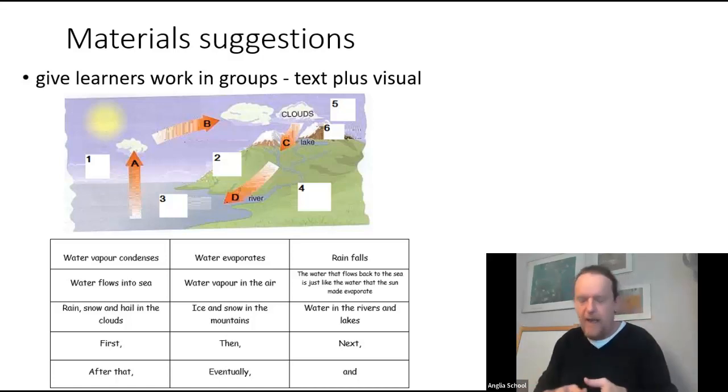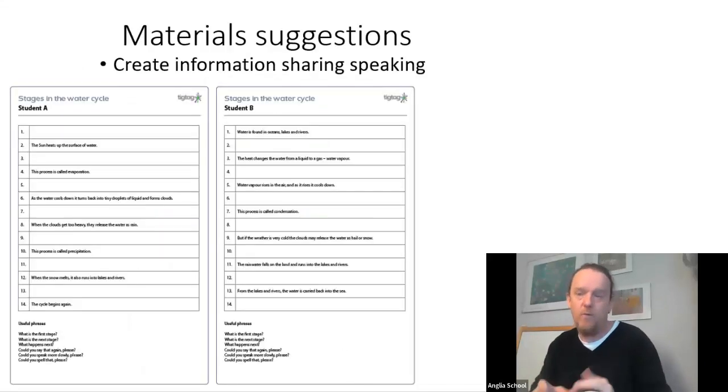In their pairs or small groups, they've got the cards cut up, they've got one copy of the illustration, and they have to agree with each other where to put the descriptions and the sequencing phrases. And you can follow that up with them feeding back in English to the whole class, one or two retellings of the entire cycle in their small groups.